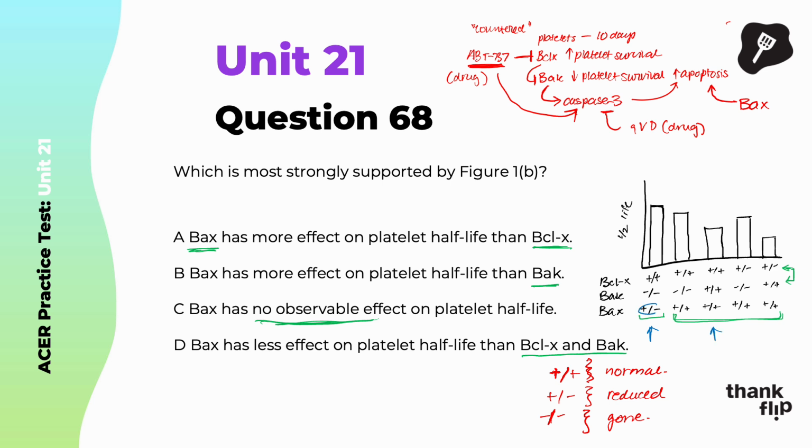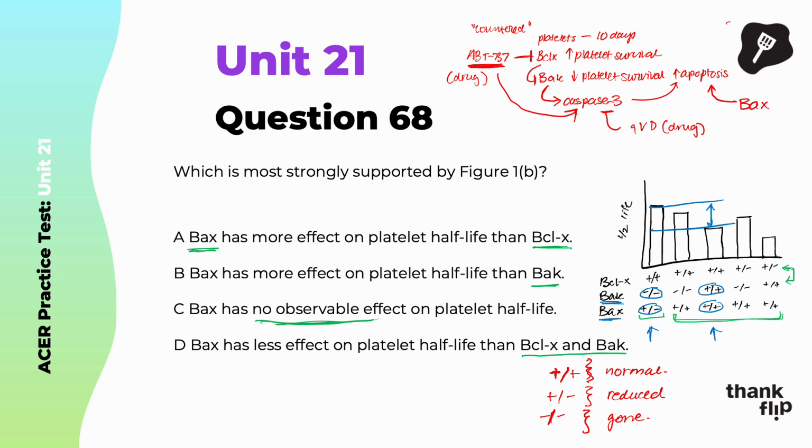Sure, you would get the effect of what would happen if you knocked out a little bit of BAX, but you would also get what would happen if you knocked out all of BAK. So then you can't actually tell whether the difference that you're seeing between these two is because of BAX or because of BAK.